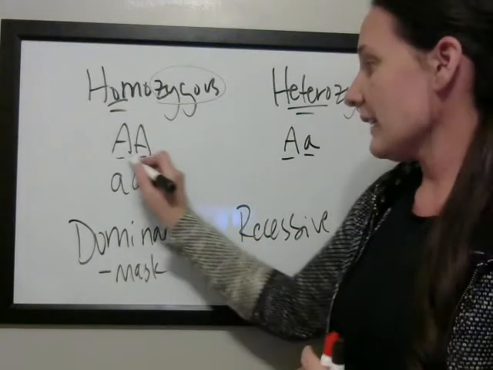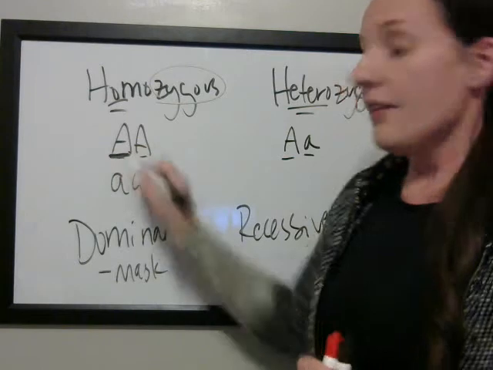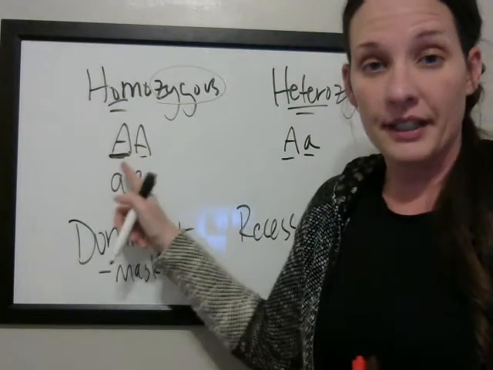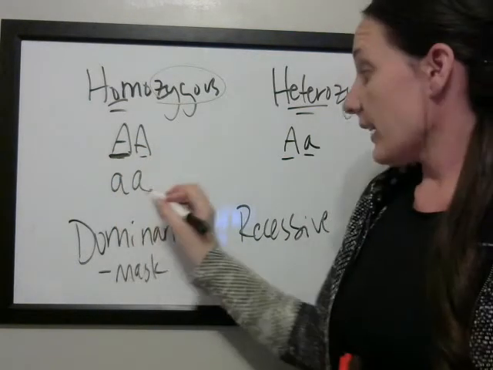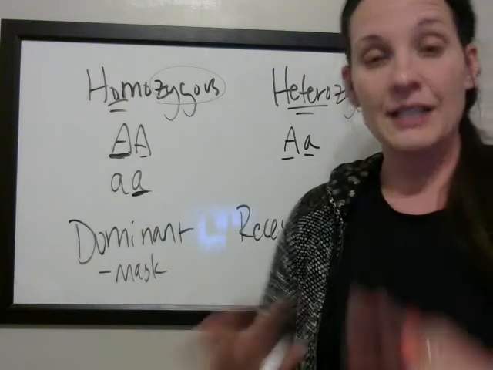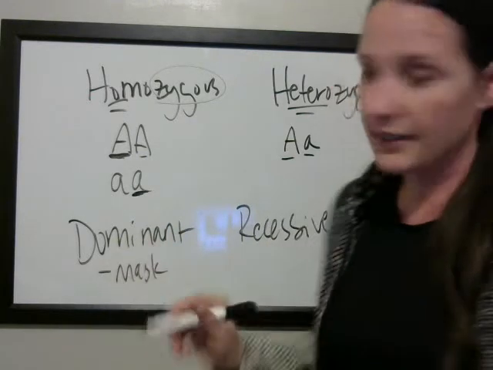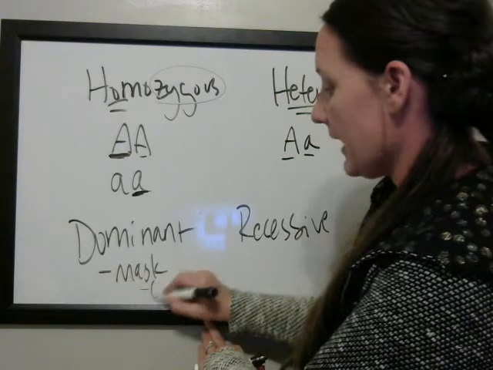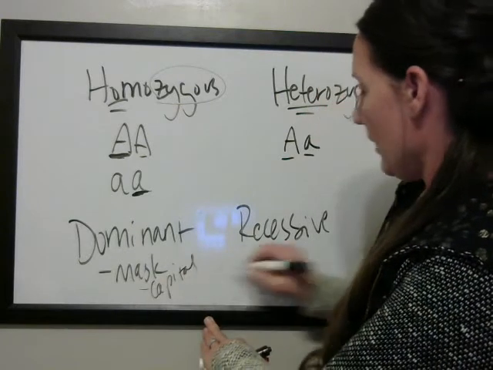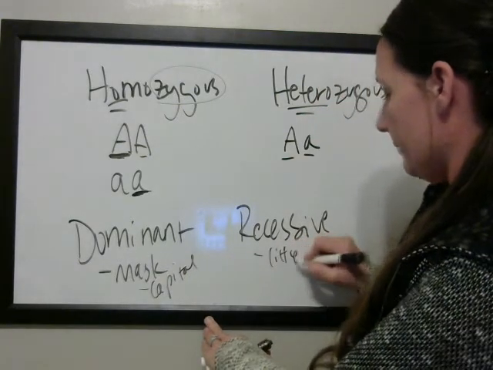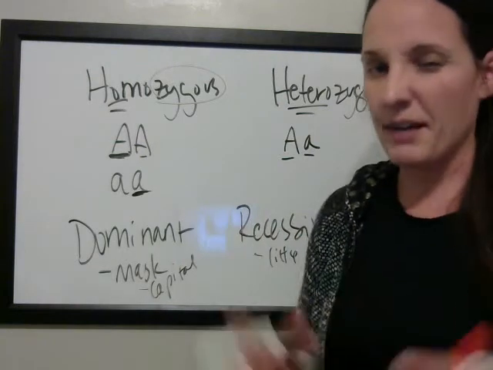Let's go back to this example. You see the big A there? The big A in this example would be a dominant allele. The little a is going to be a recessive allele. In most instances with genetics, the dominant one is always going to be a capital letter, and the recessive one is always going to be a little letter. That's how you're going to keep that straight.